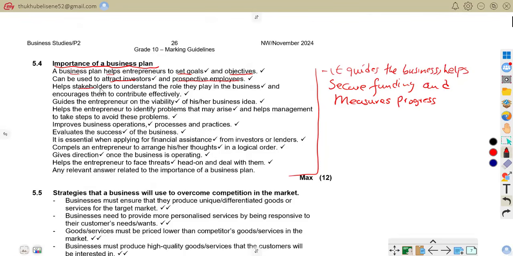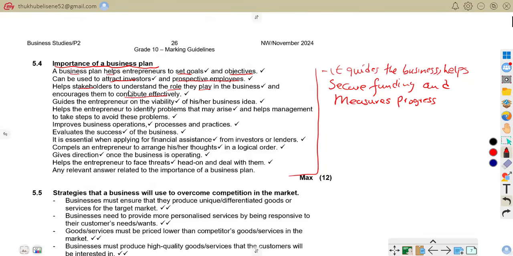It also helps stakeholders to understand the role they play in the business and encourages them to contribute effectively. Stakeholders, we can talk about employees here. The employees will know the roles they are going to play, and that will encourage them to contribute effectively.